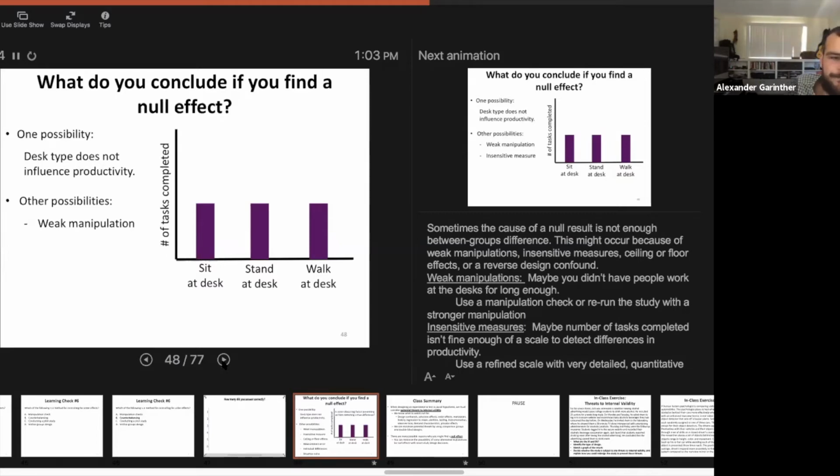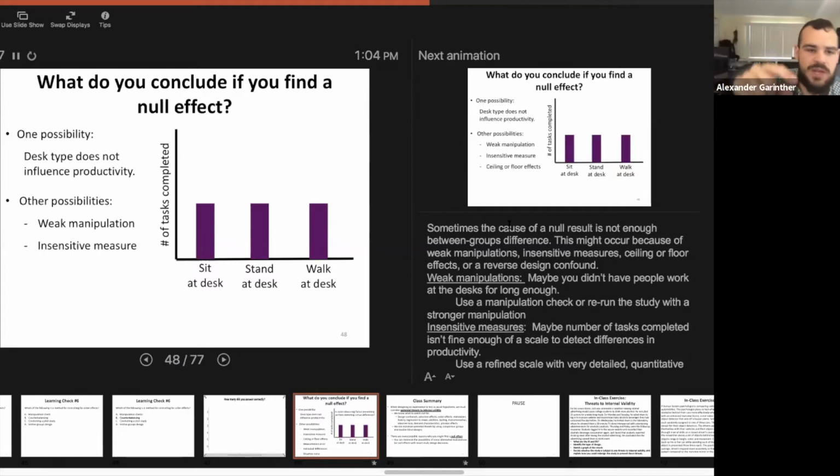So, you know, if I'm studying the example of a type of music and your ability to do math problems, if I put the music on volume 2 and people can barely hear the music, so it doesn't really matter if they're listening to classical, heavy metal, or alternative, I just ran a bad experiment.